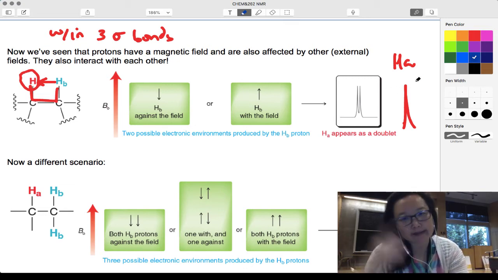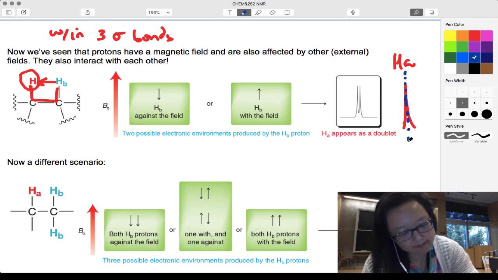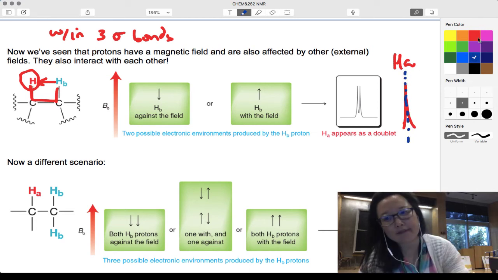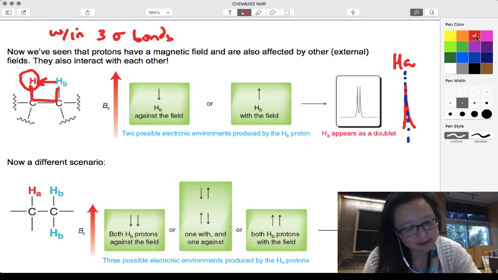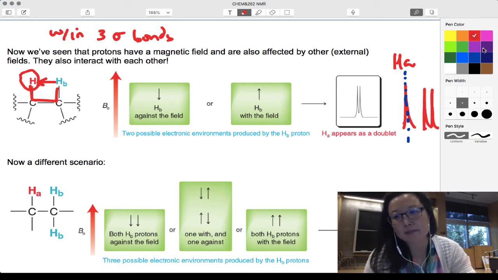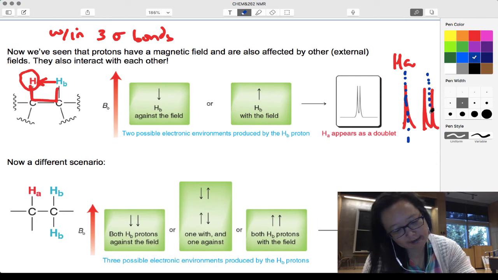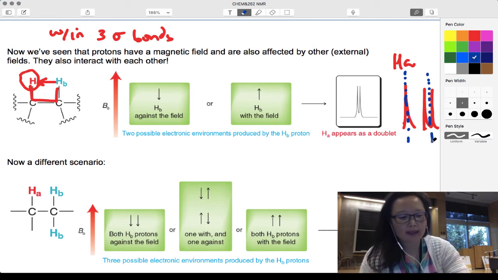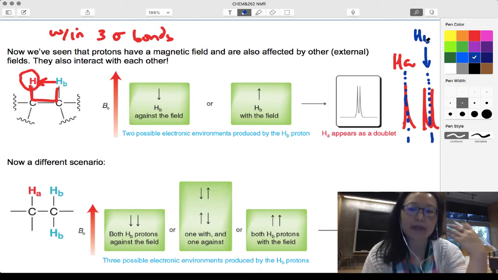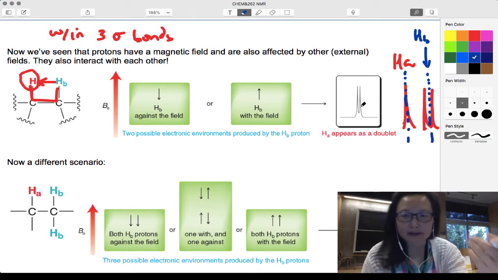If I have 1 hydrogen nearby, it's going to split that signal once. When it splits it in half, this is going to turn into that, because the split occurred right here. That's from HB splitting the signal for HA. So that's how I think of the doublet occurring.